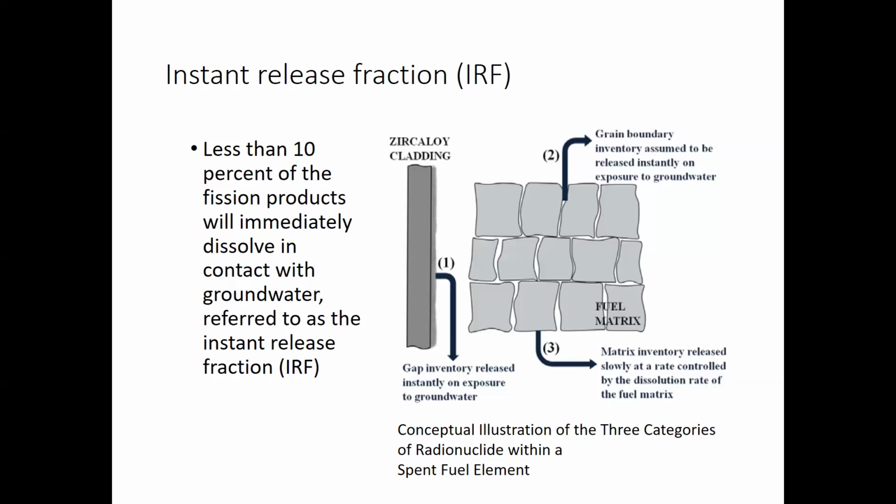So when we're doing our modeling for radioactive release, when one of the containers fails, you're assuming that close to 10% of those fission products are going to immediately be dissolved: the ones at those grain boundaries and the ones within the gap between the fuel and the zircaloy.